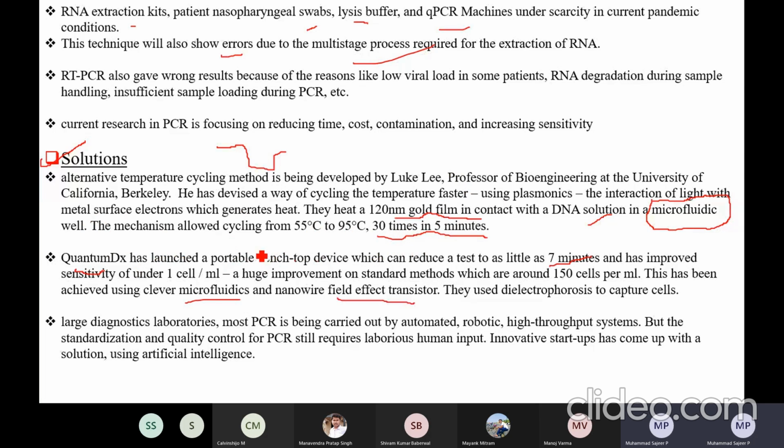I think these things were already mentioned by Calvin yesterday, I guess. And the large diagnostic laboratories use automated robotic systems, so the error is very much less.